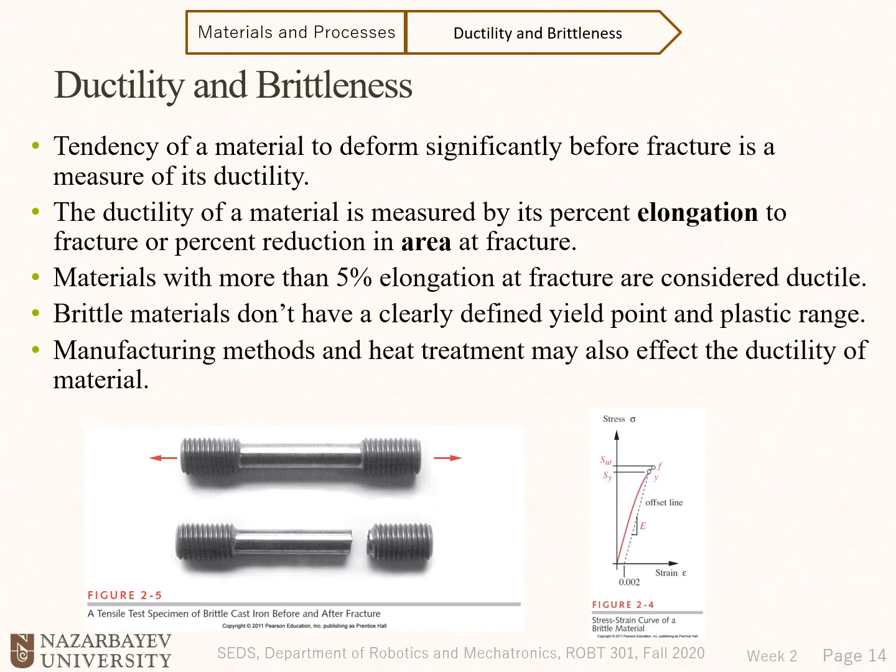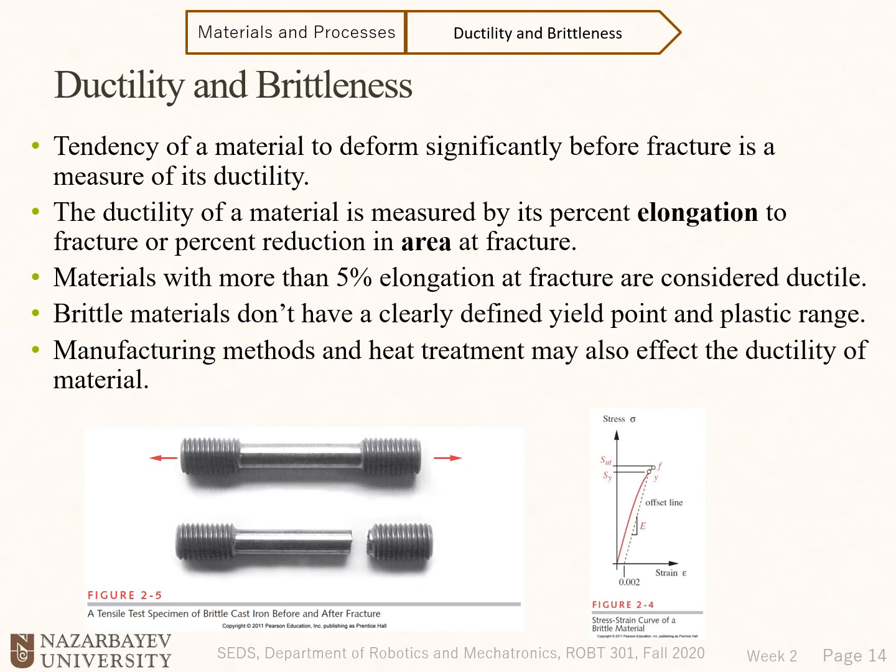How could we extract the yield point? We'll follow the same standard we use for that annealed cast iron. So if we offset from the plastic line by 0.2% and use that auxiliary line parallel to the plastic line, the intersection of this auxiliary line and the curve will give us the yield strength.